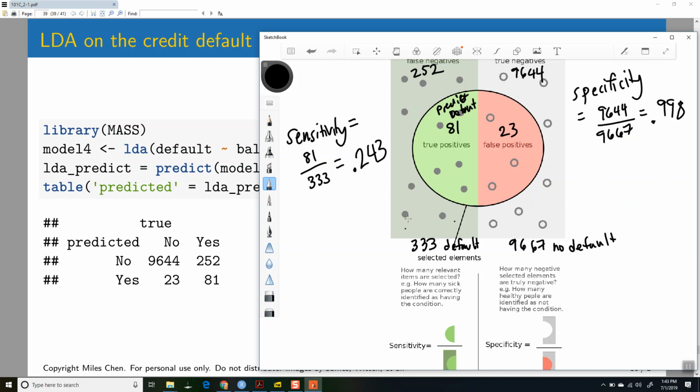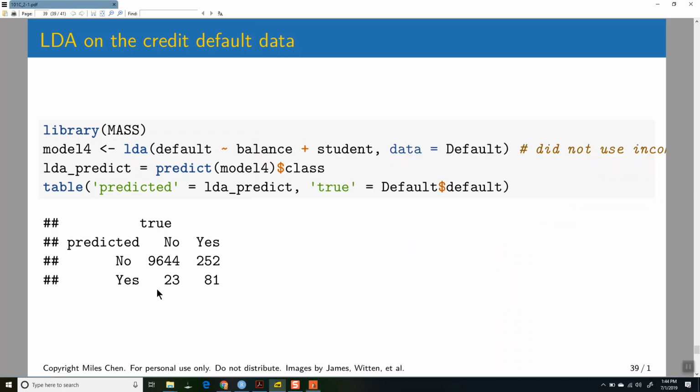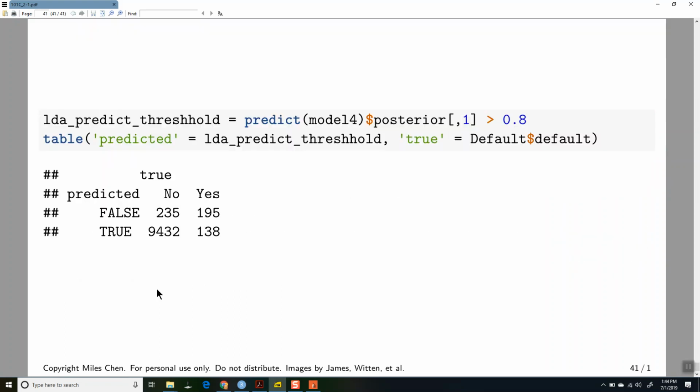So it's a problem if you've got too many of these that you didn't flag as going to default. It's hard.